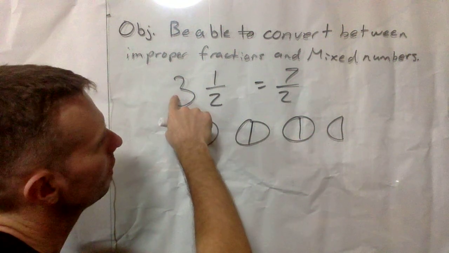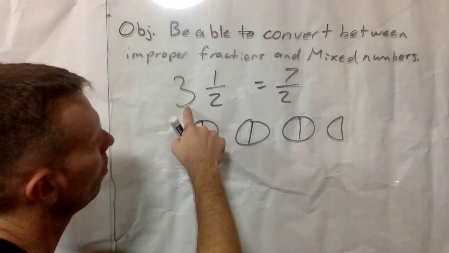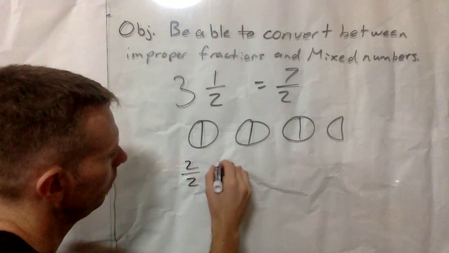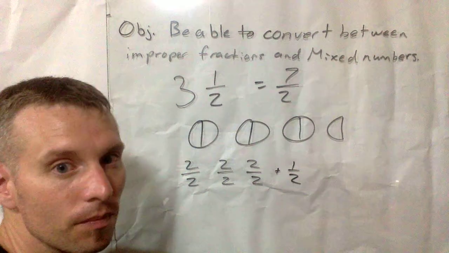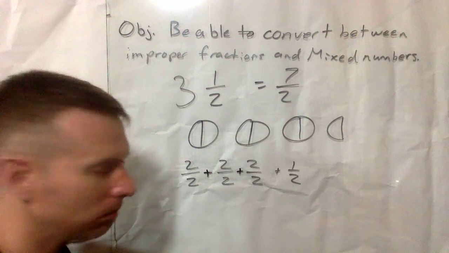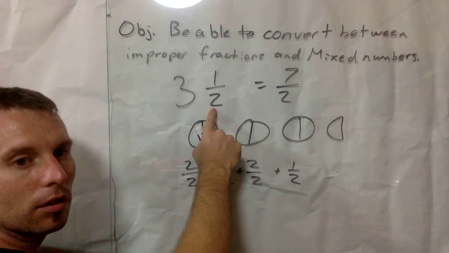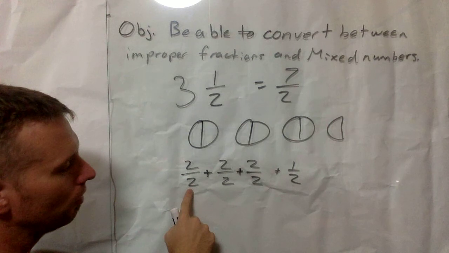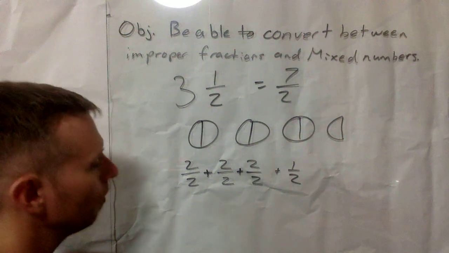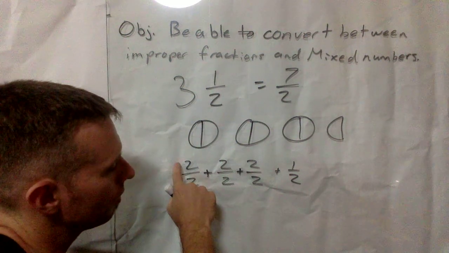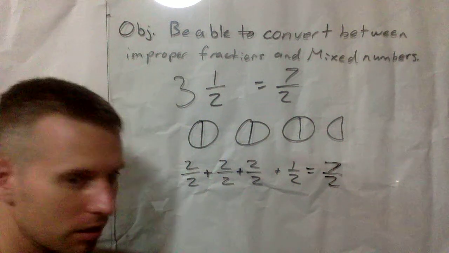What they are doing is saying this is 3 wholes, so that's 2 halves plus 2 halves plus 2 halves, plus 1/2. 2 plus 2 is 4, plus 2 is 6, plus 1 is 7 halves.